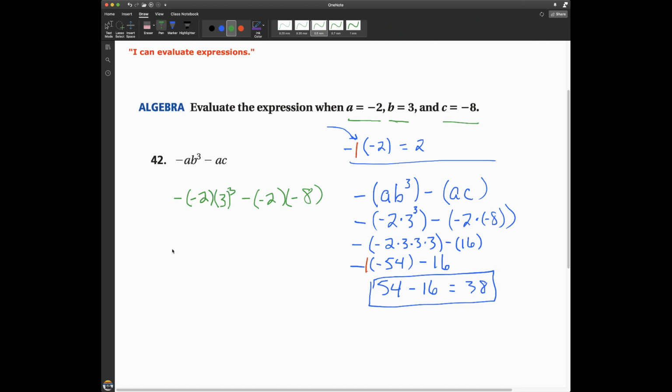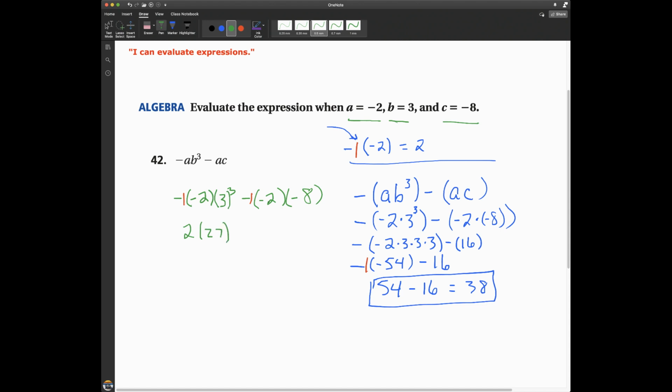Okay. We could also, in green, have done this problem the exact same way. I'll put my magic 1 here. I'll put 1 here. I'll put 1 here. And then we'll solve the problem. Negative 1 times positive 2 is just negative 2. 3 to the third power is 3 times 3 times 3, so 2 times 27.